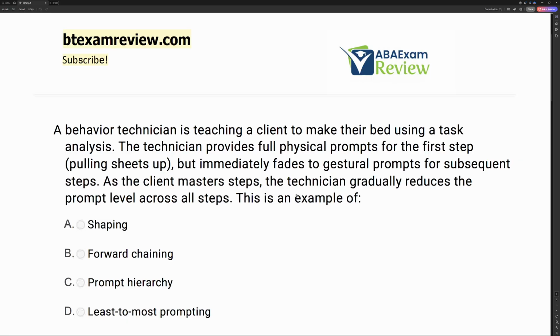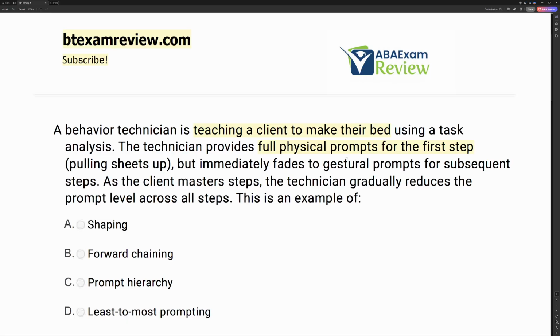All right, so let's think about this. We have a scenario where a task analysis has been formed to form this task chain, and that's what's being used to teach the client to make their bed. Now, what we know is the technician is providing a full physical prompt for the first step. So if we're providing a full physical prompt for the first step, can it be forward chaining?